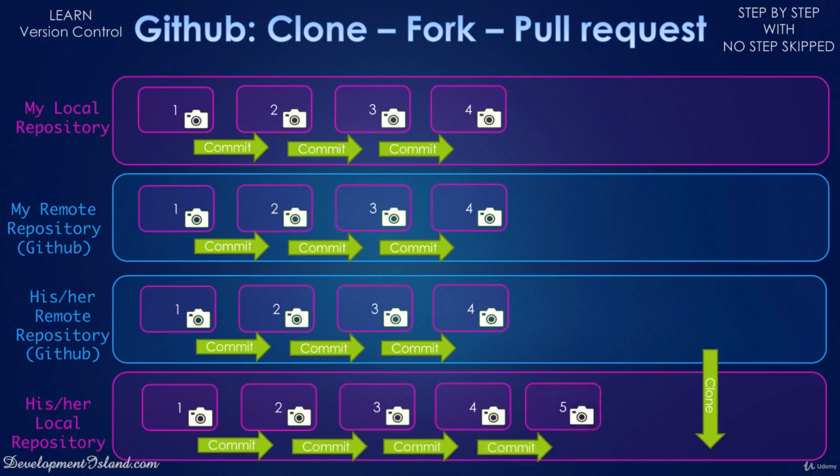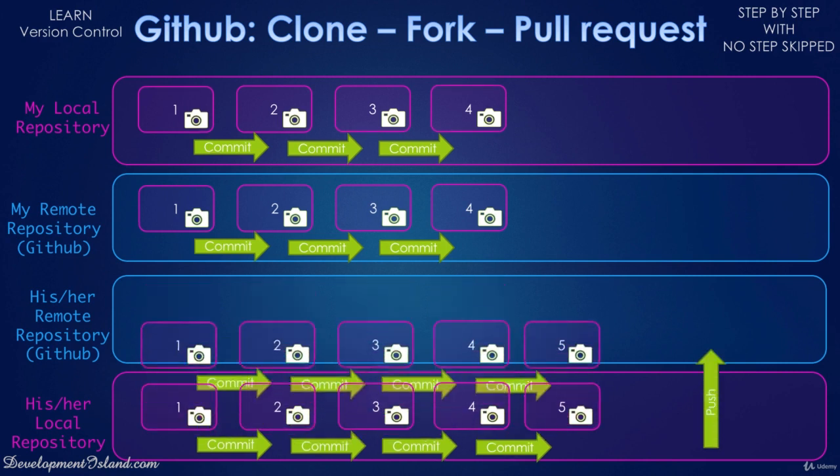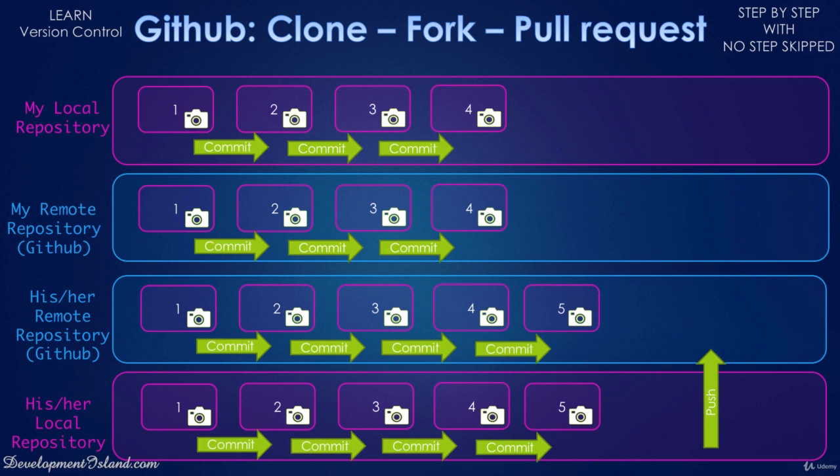And then after that, they pushed back those changes to their own GitHub account. And then they created a pull request asking us to review those changes, and if we're happy with them, to incorporate them into our own project.